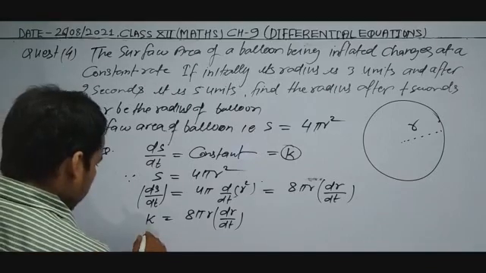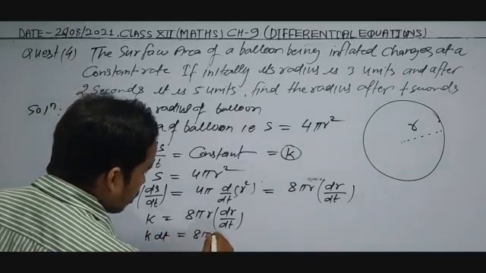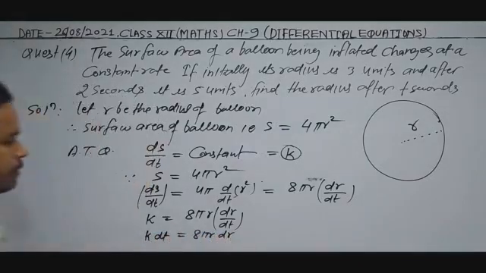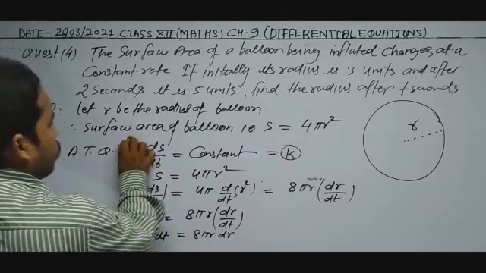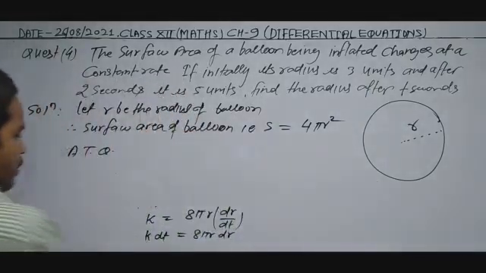So k times dt is equal to 8 pi r dr. Now you have to integrate both sides.